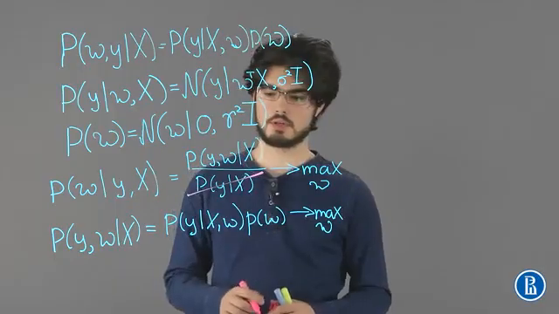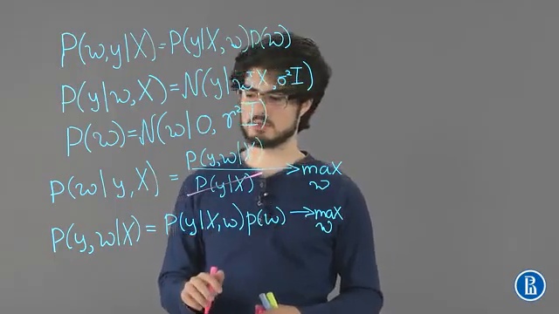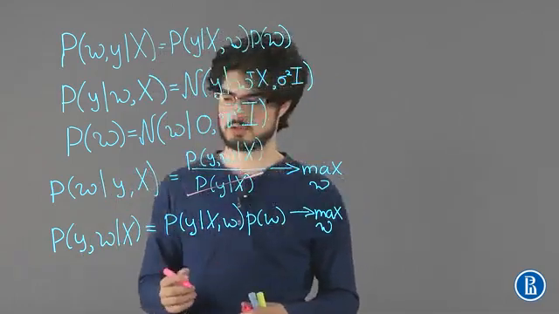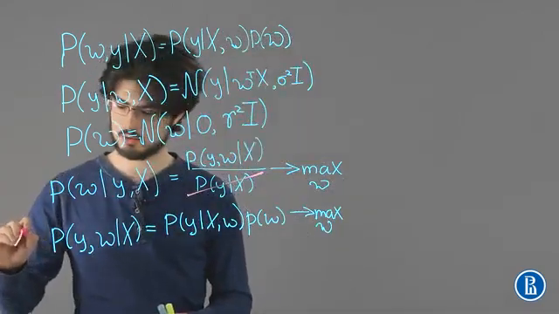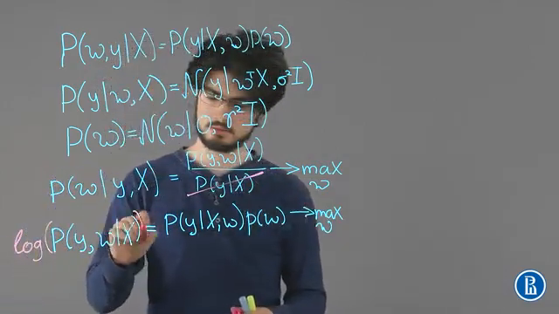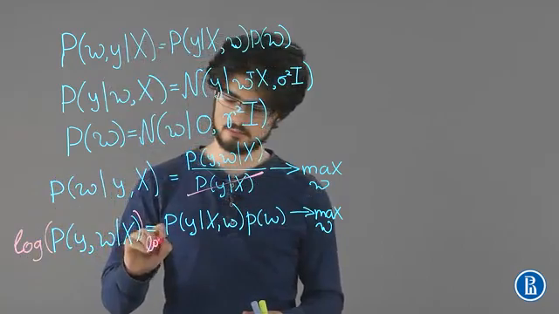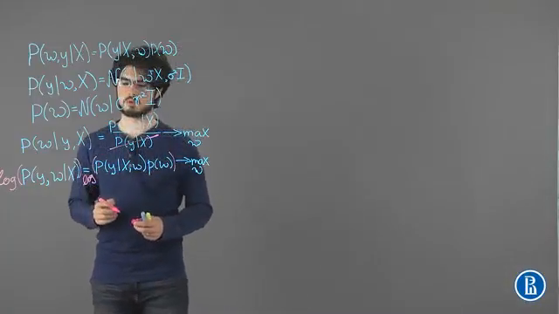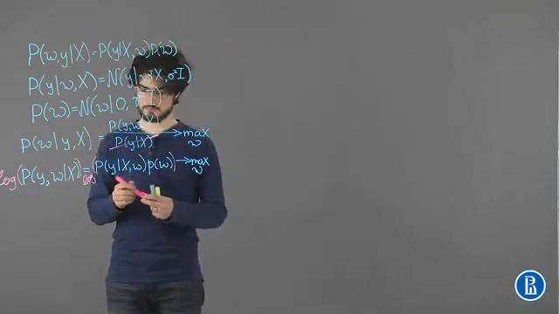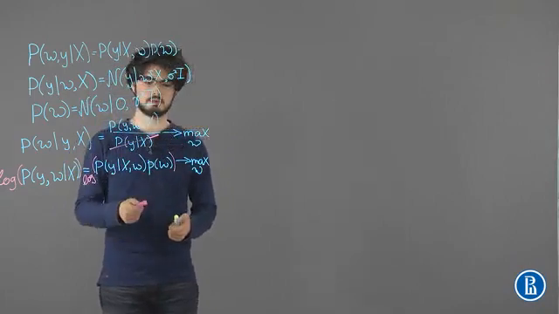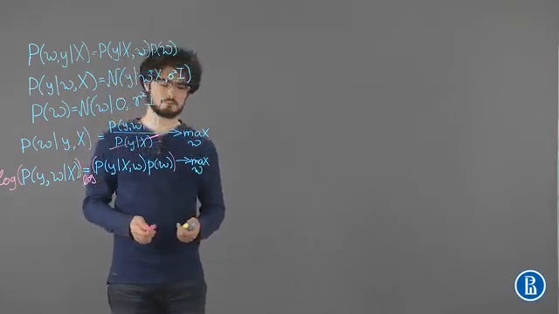Alright, we can take the logarithm of this part, and since the logarithm is monotonic, the position of the maximum will not change. So I can take the logarithm of it here and the logarithm here. And so this would be equivalent to the previous problem. Alright, now we can plug in the formulas and try to solve the optimization problem.